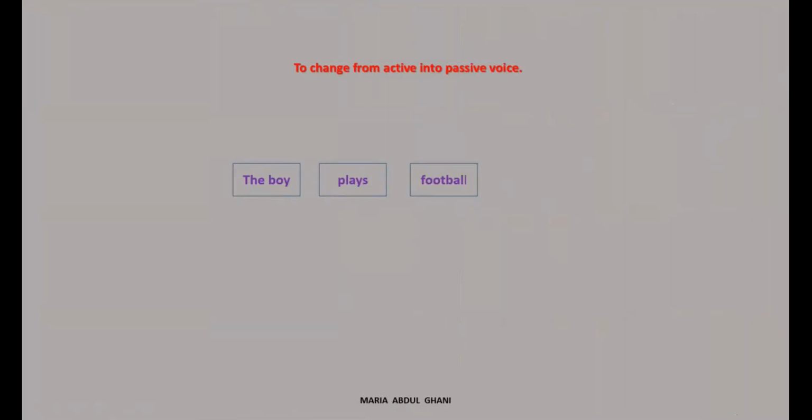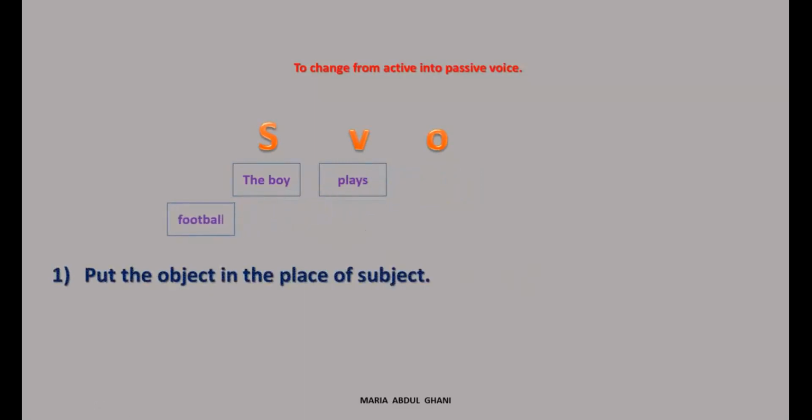Let's see, where is the subject in this sentence? Amar, Laisa. Answer, please. The boy. Okay. Verb. Plays. Okay. Object. Football. Okay.